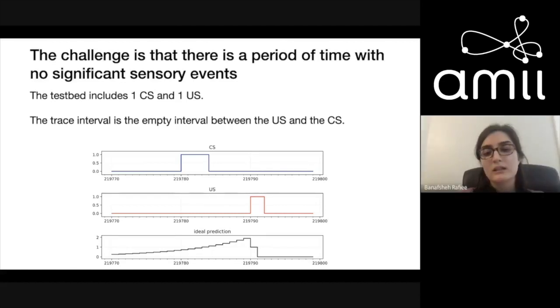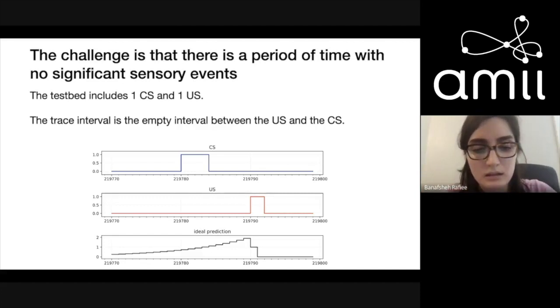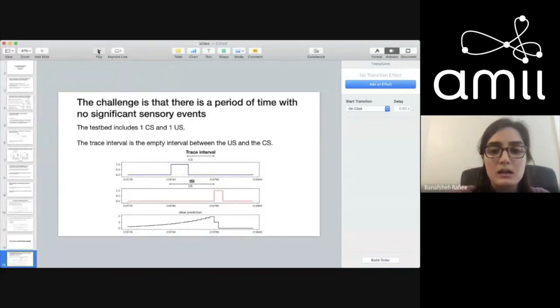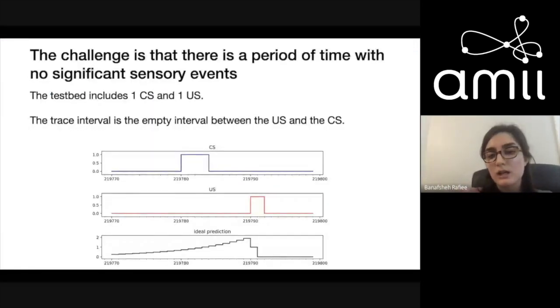So the ideal prediction is analogous to return, where you can think of the US as a pseudo reward. And you see, the US is on for 2 time steps. So if you write the return, it will be like this.